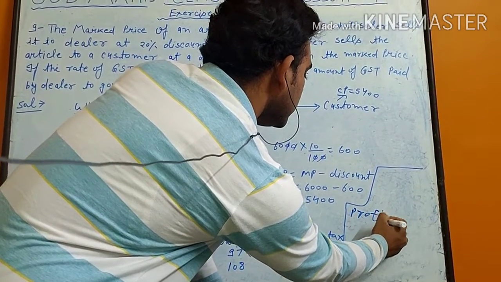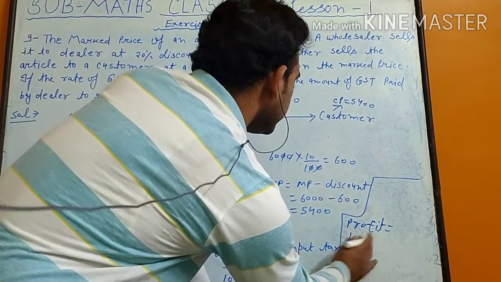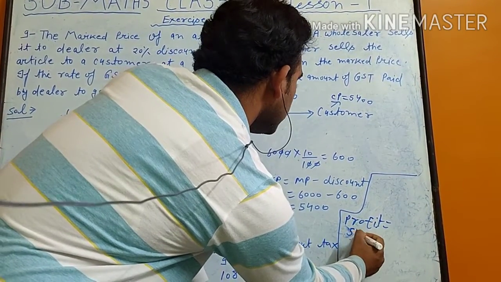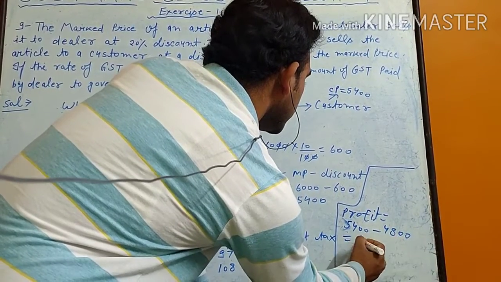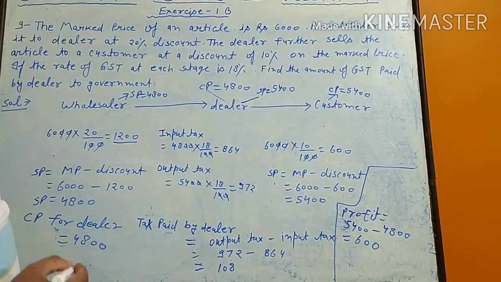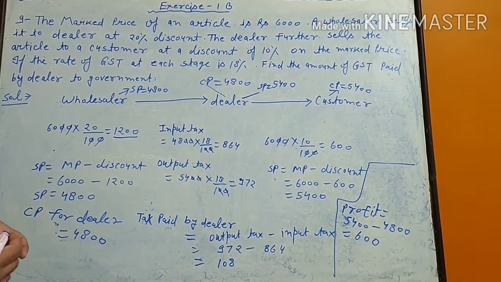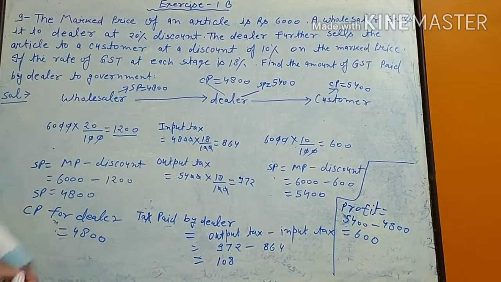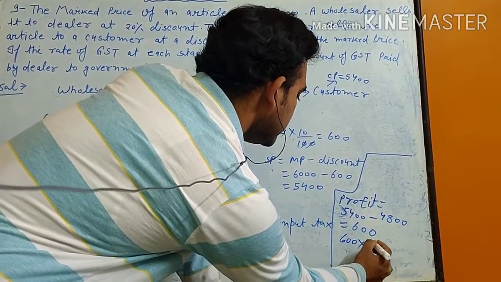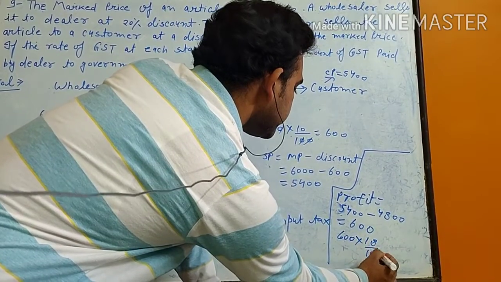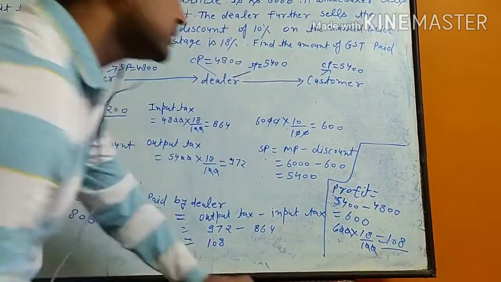Profit is equal to 5,400 minus 4,800, which is 600. It means the dealer receives 600 profit on the product and GST is 18%. Now find GST: 600 into 18% is equal to 108 rupees.